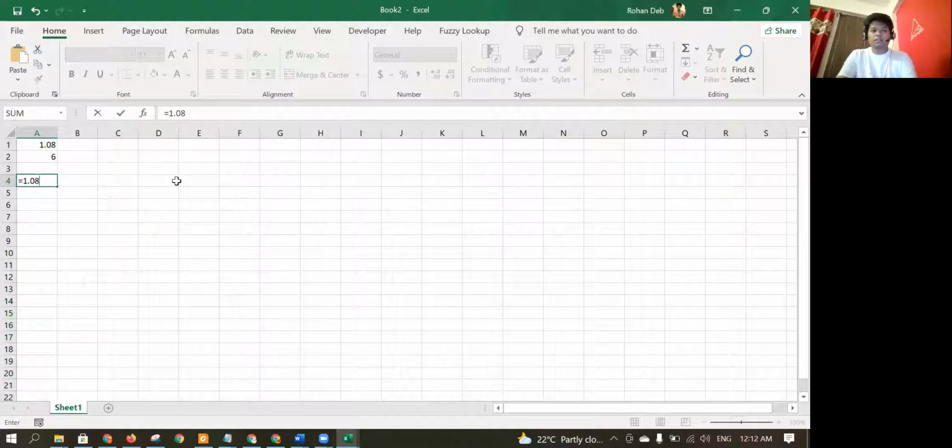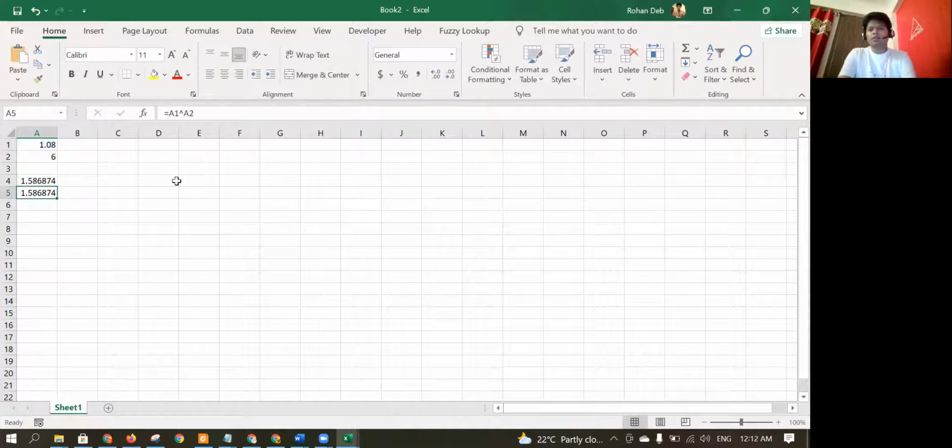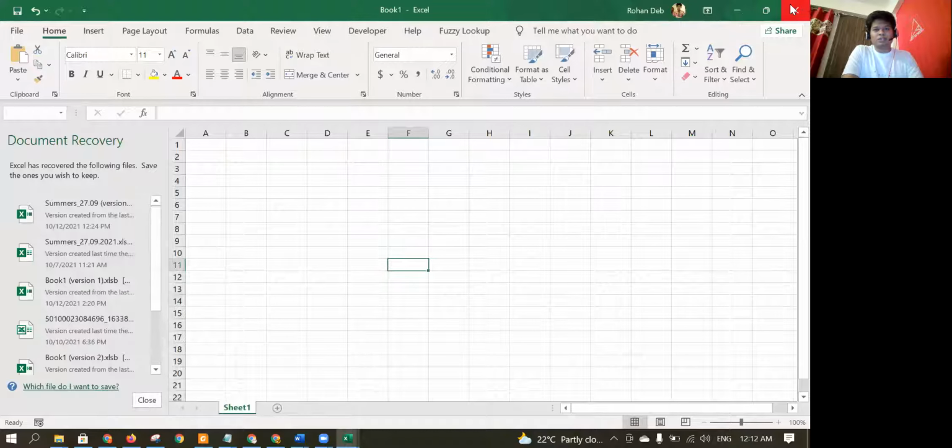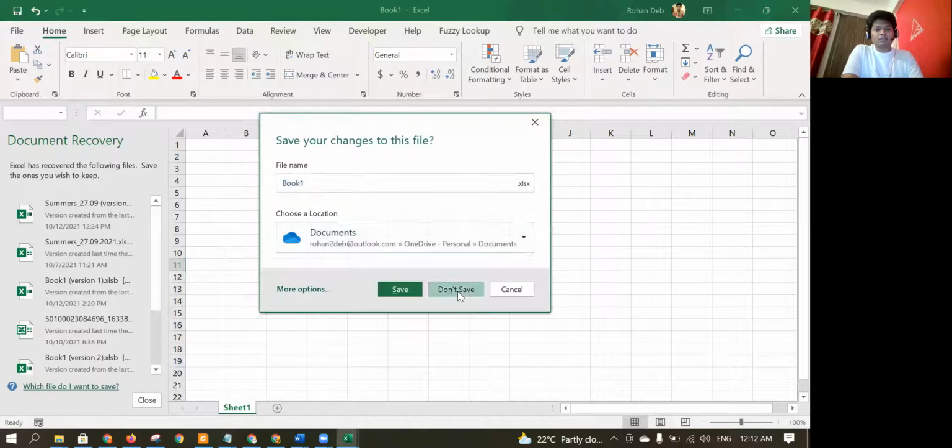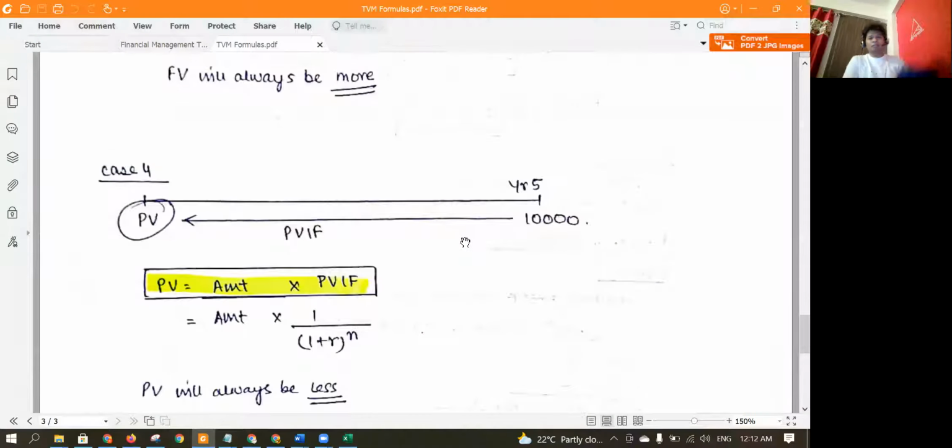So it's that caret symbol and then 6, and you can link it as well. Okay, so that's how you do it in Excel. I think it was futile showing that because most people know that. Anyways, don't save.